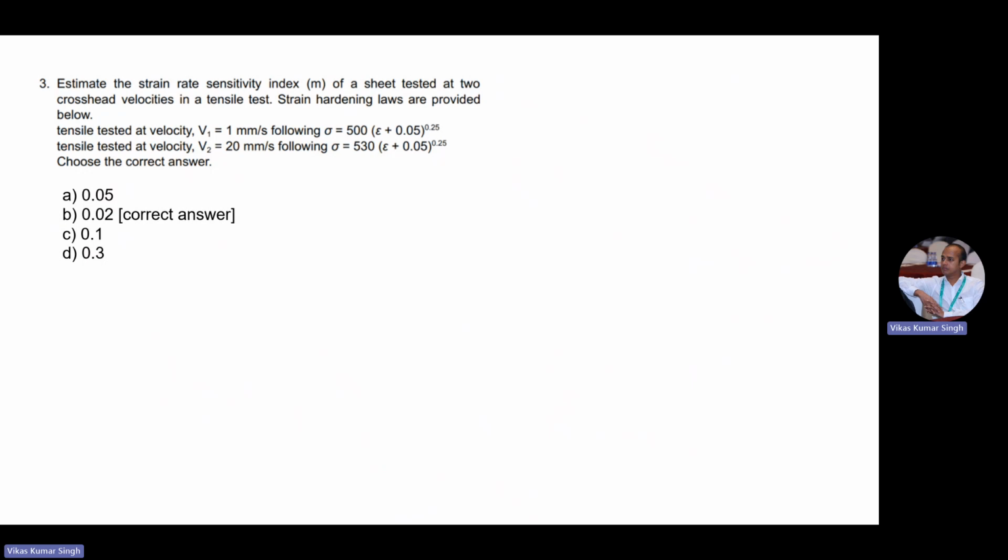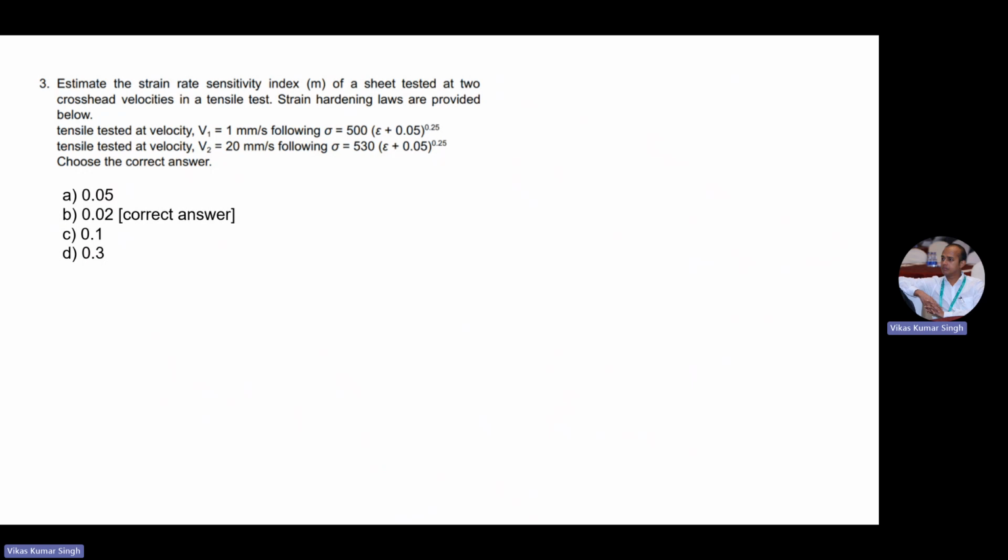Before solving this problem, we need to understand what the strain rate sensitivity index is. If you are aware of the strain rate index, it's very good. Otherwise, I will explain it here.